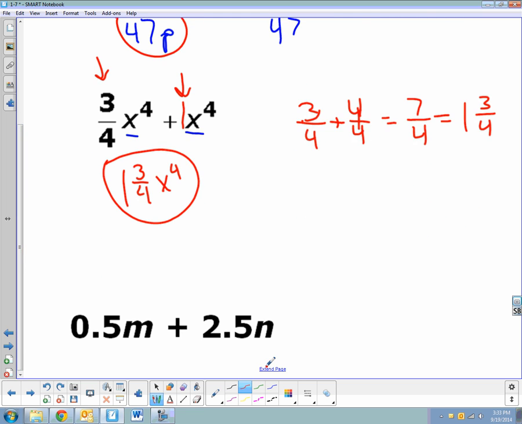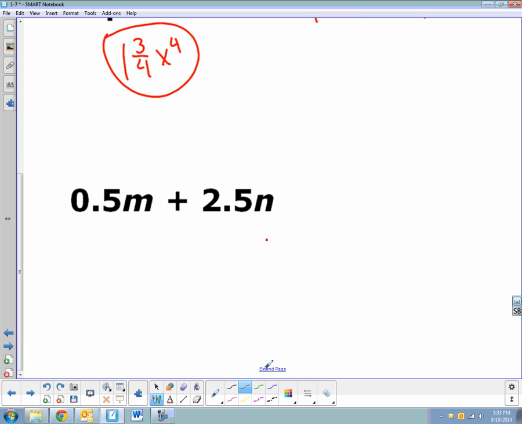Try this one on your own, and then we'll do it. Okay, 0.5m plus 2.5n. I'm stuck. There's two different variables. There's nothing I can do with this. And so you can either say cannot combine. You might see something like that on a quiz, cannot combine.